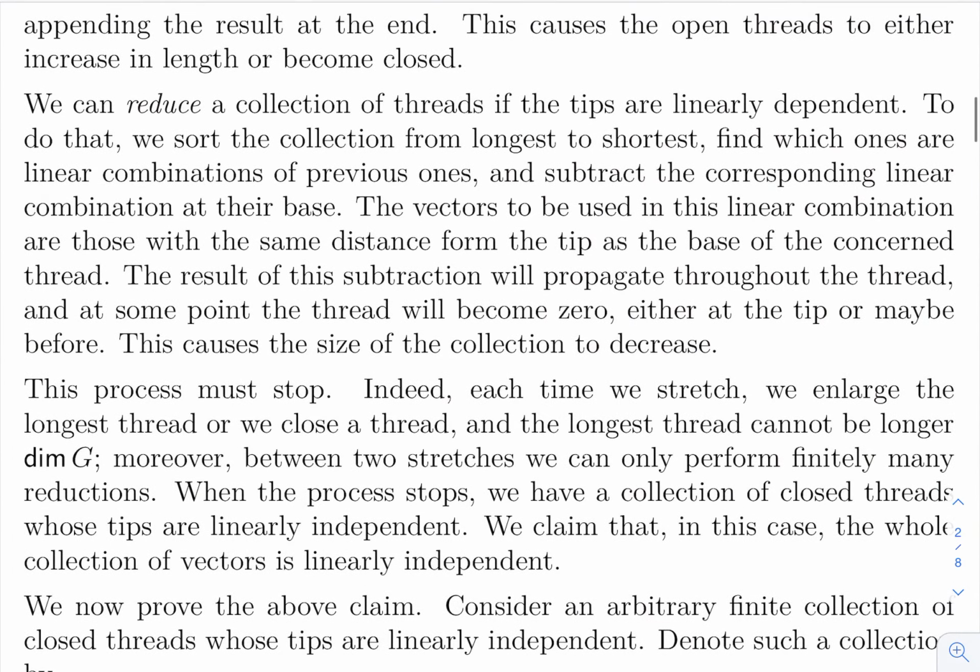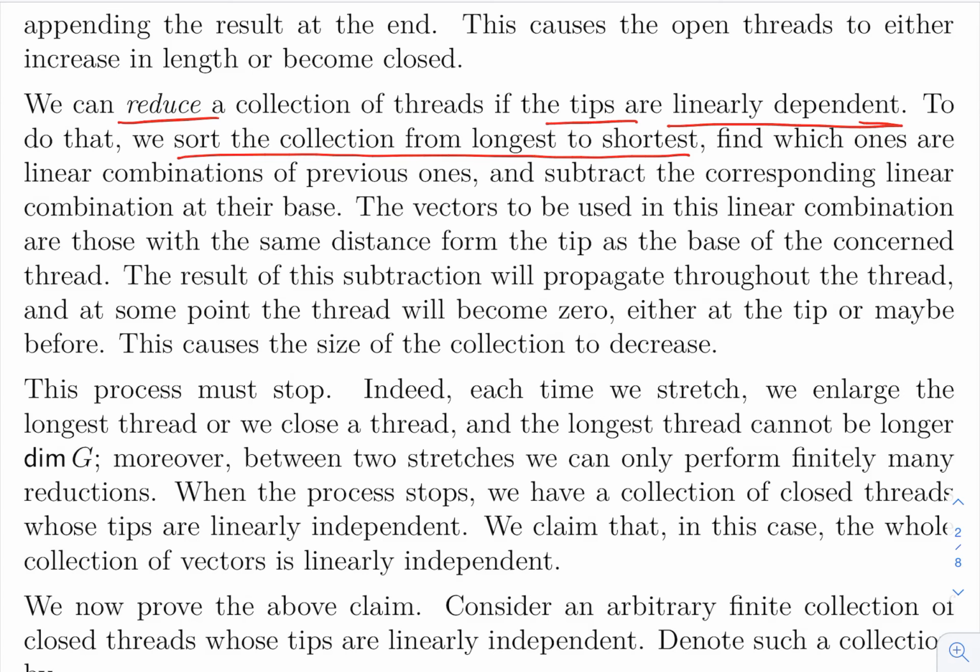And the other operation that we can perform is to reduce a collection of threads. How can you reduce it? That's something you will do if the tips of the threads are linearly dependent. And how do you do that? You sort this collection from longest to shortest. If two threads have the same size, then the order doesn't really matter.